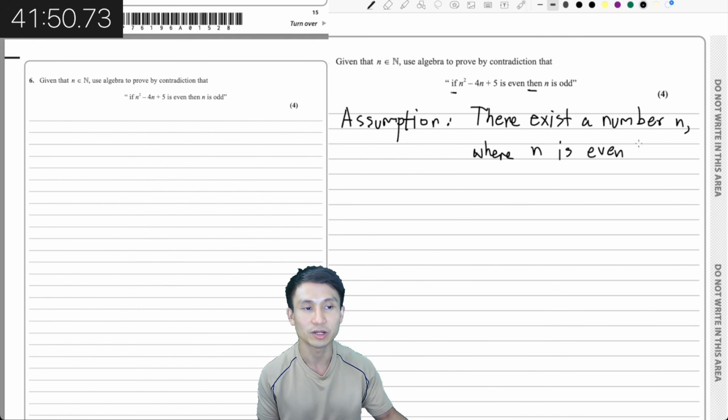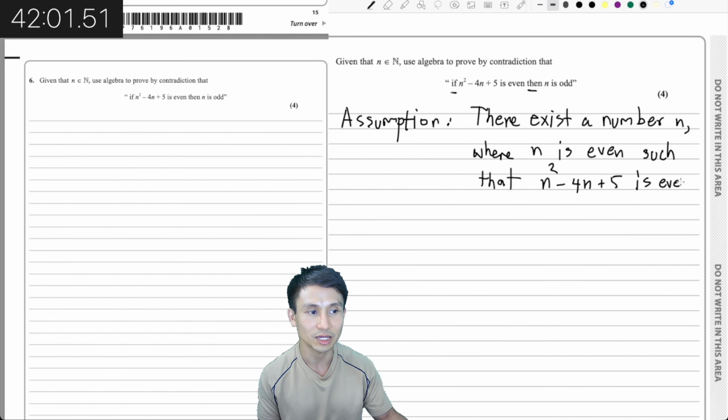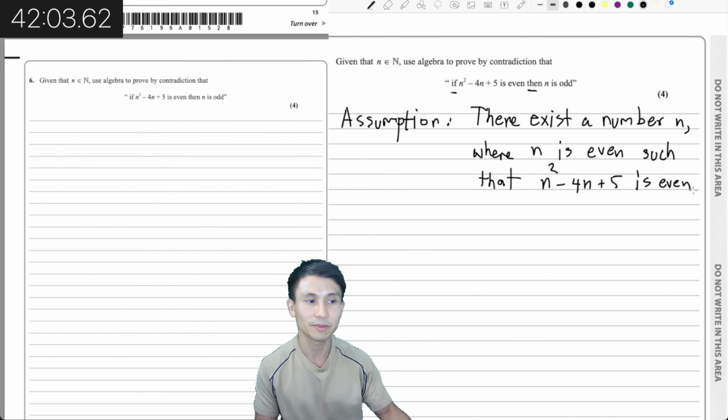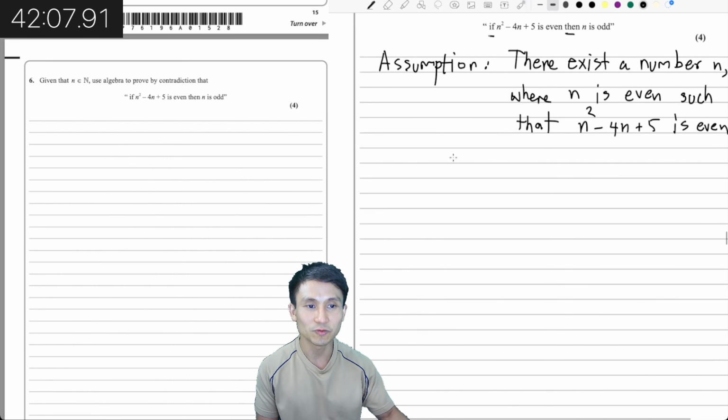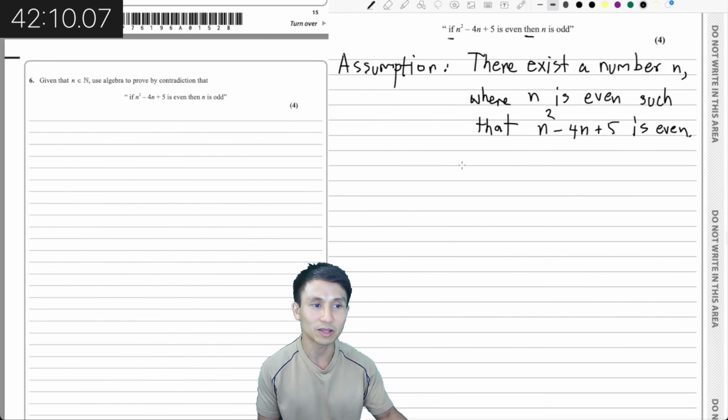That is where we put the negation in. Where n is even, such that n squared minus 4n plus 5 is even. We're not changing the first part here, so we only change the second part, okay?